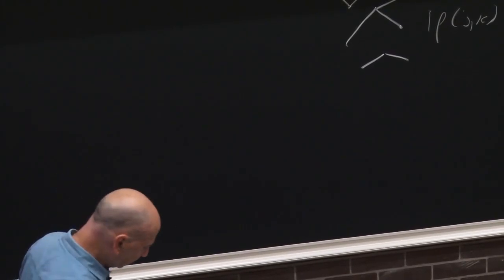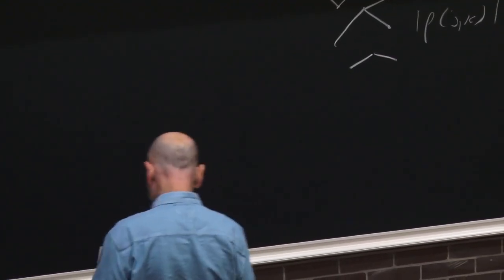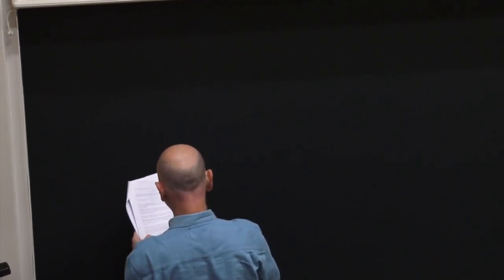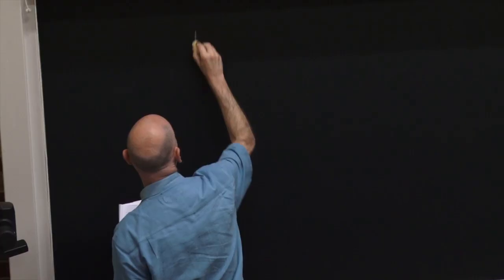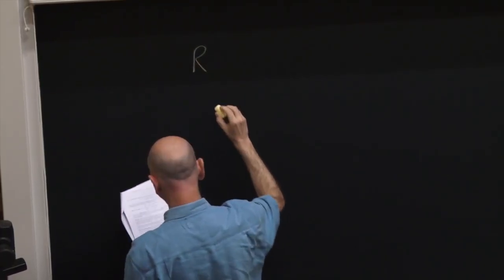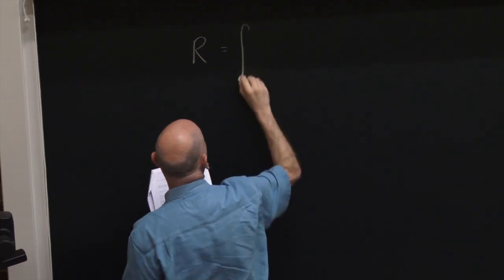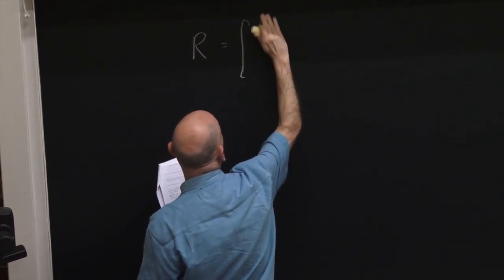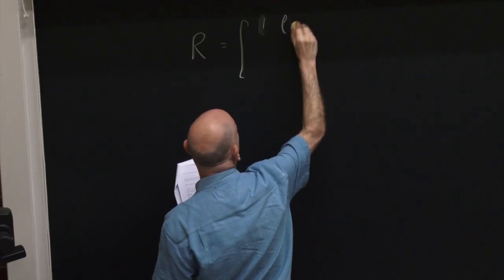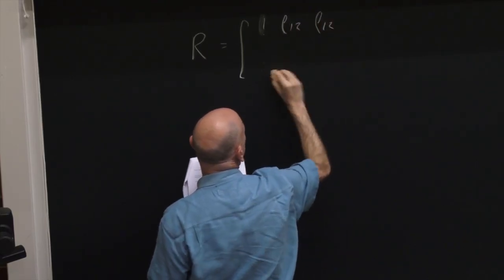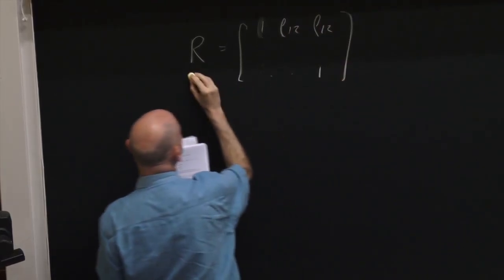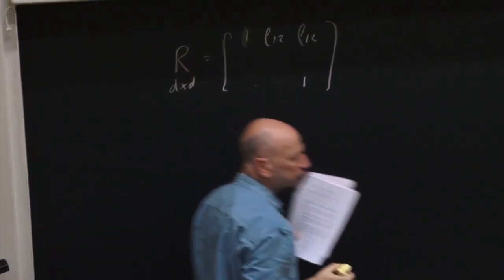So here's how we're going to do it. I'm going to construct all of the correlations. Let's define R to be the D by D matrix of all the true correlations.